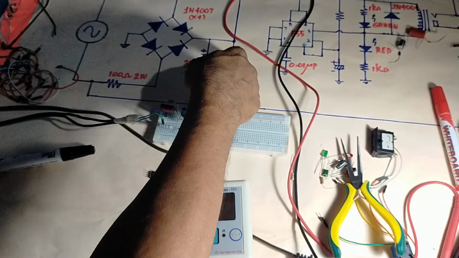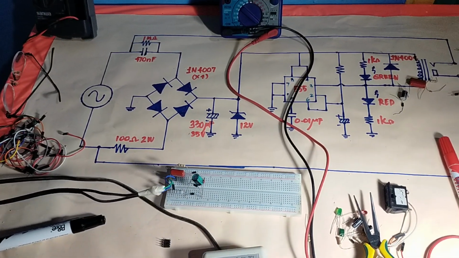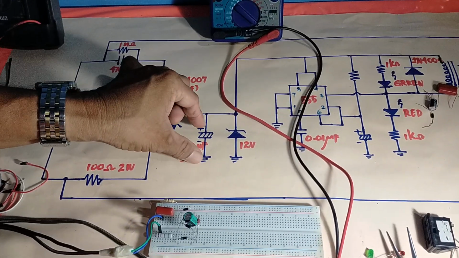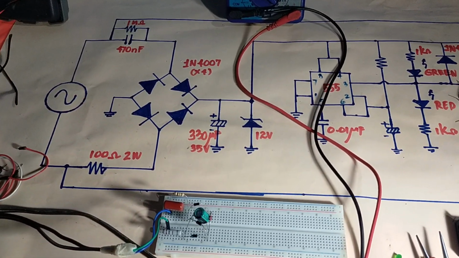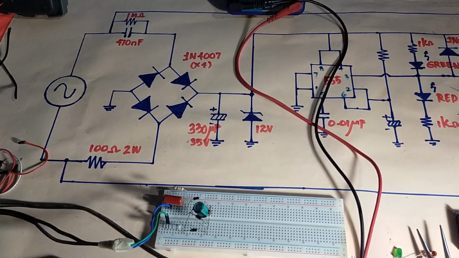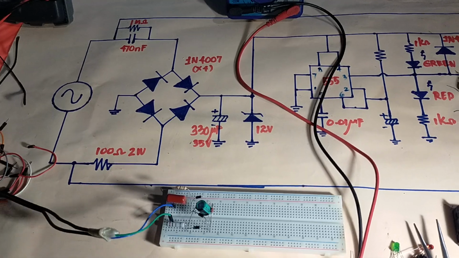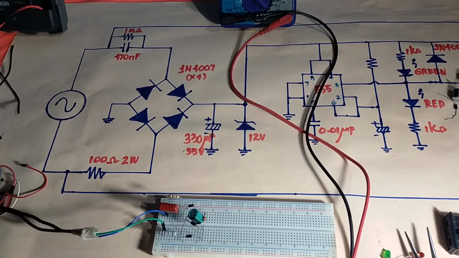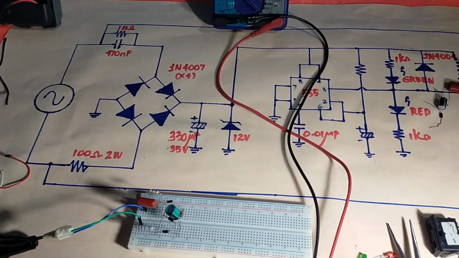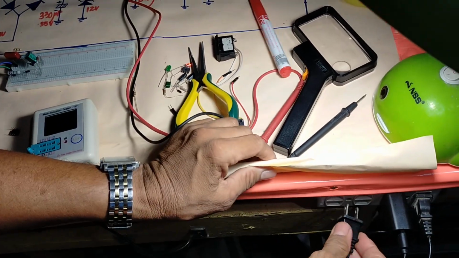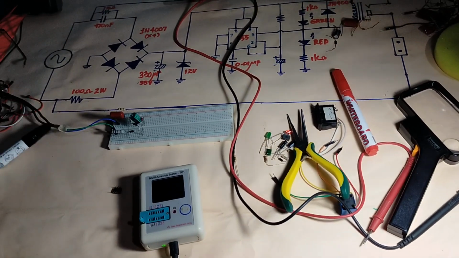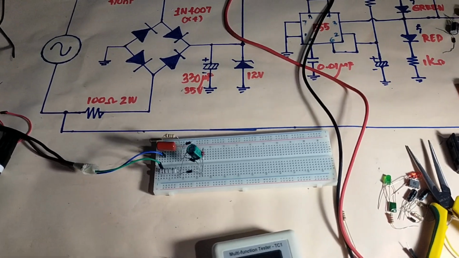Remember, the Zener diode here is a voltage regulator, wherein the voltage rectified by this diode and smoothed out by this capacitor will be made constant. There will be no more variation of voltage. That is to avoid noise or hum. Okay, let us connect to the outlet. So, observe if there is explosion.